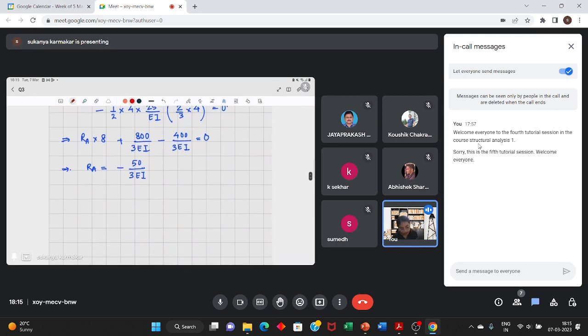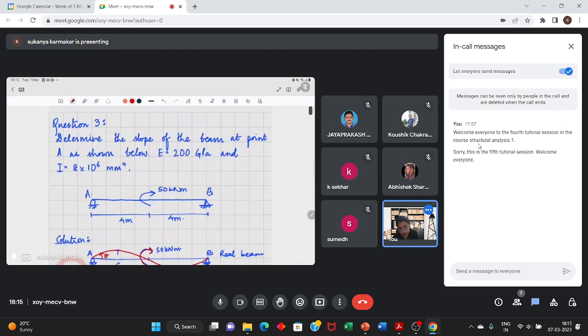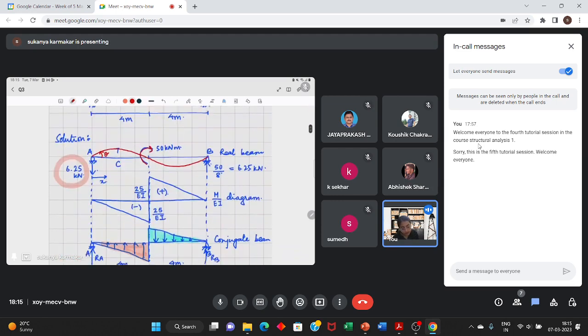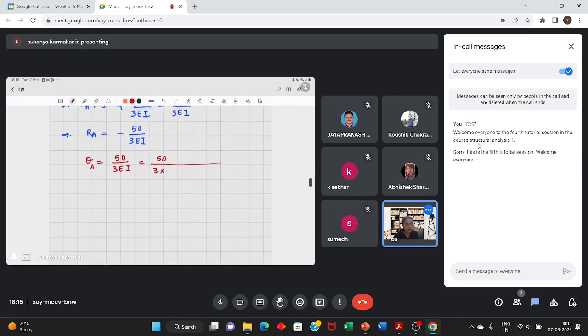So plugging in the values, theta at point A will be equal to 50 by 3 EI. Now I am dropping the negative sign. We know theta is in the anticlockwise direction. So with proper units, E is given as 200 GPa. So let's put it in the units of Newton per meter square.